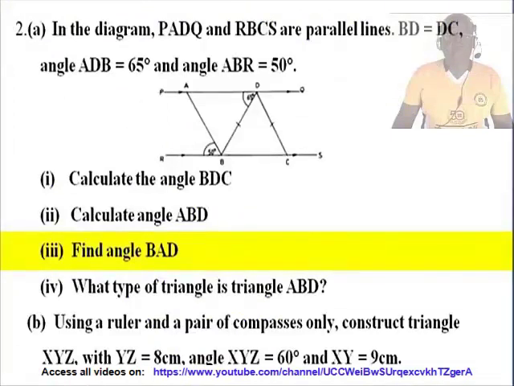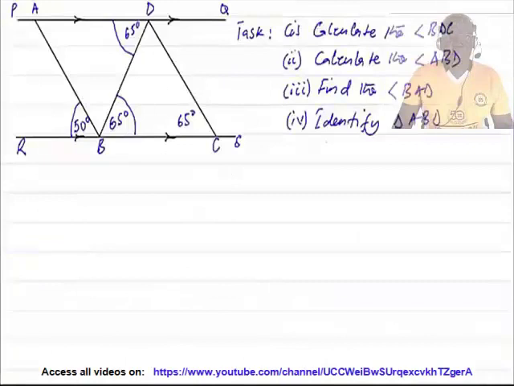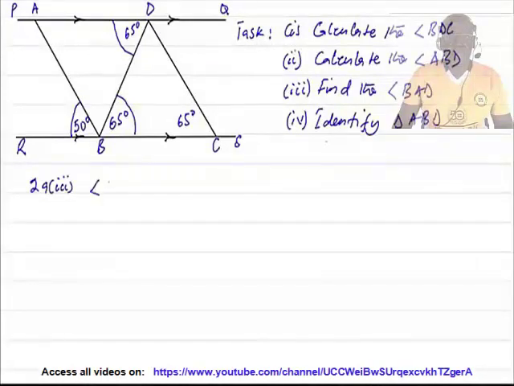2A sub-question III. Find angle BAD. I will pause for the solution to 2A sub-question III. We are to calculate the angle BAD. That is the angle over here.